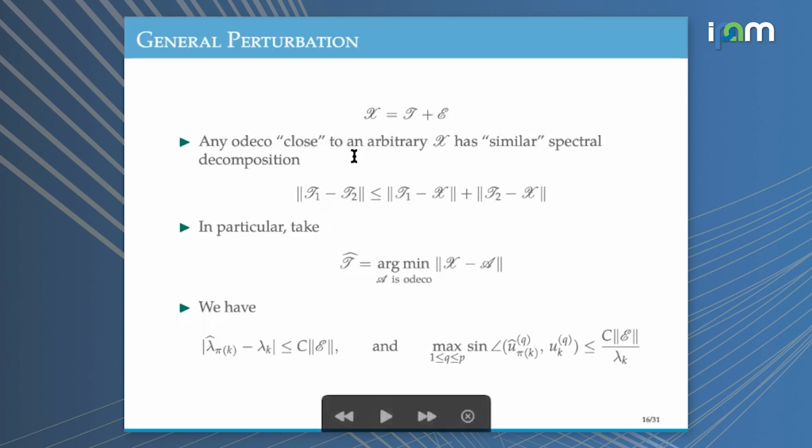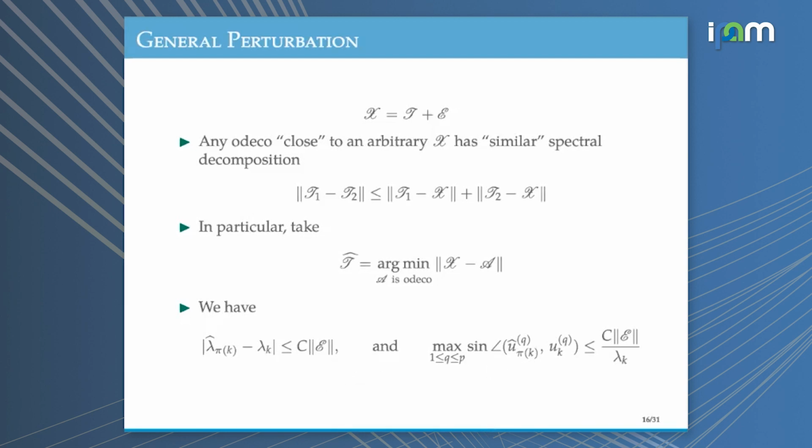In light of the result I showed you earlier, if you take an arbitrary orthogonally decomposable tensor approximation of X, if two approximations are both close to X, then the two of them are necessarily close. This is a simple consequence of the triangle inequality. And now, using the results I showed you earlier, if two orthogonally decomposable tensors are close, then their singular values and singular vectors are also close.